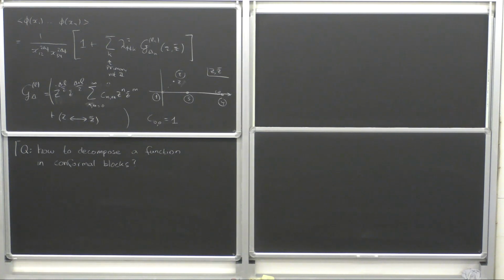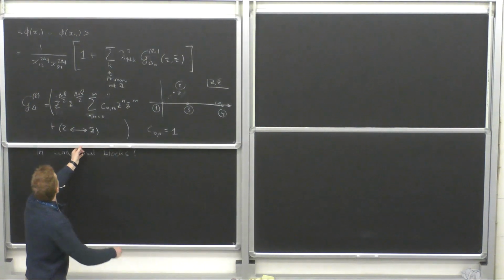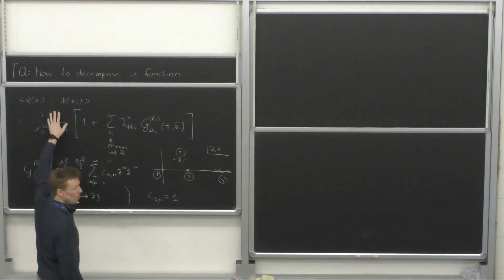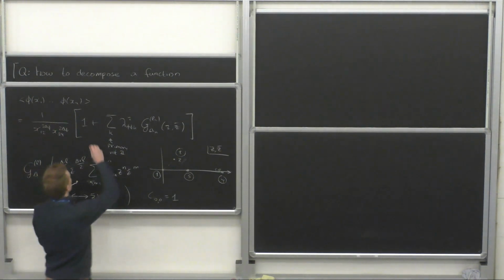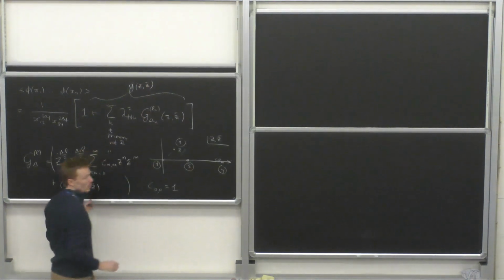Someone gives you a function of z and z bar. Let's say, up to the prefactor, a function that I denote little g of z and z bar. How do you find its conformal block decomposition?